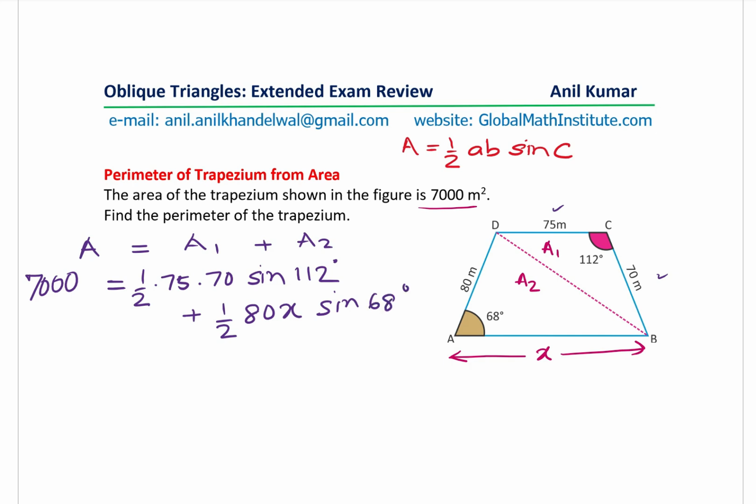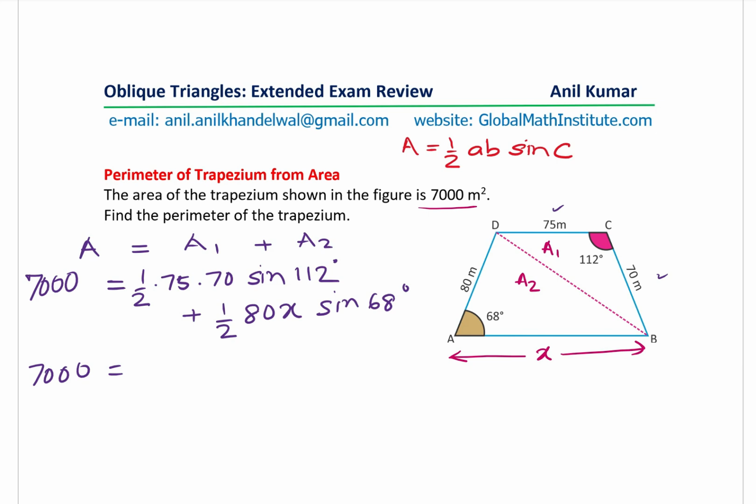Now let's use the calculator to find these numbers. We'll do 0.5 times 75 times 70 times sine of 112.